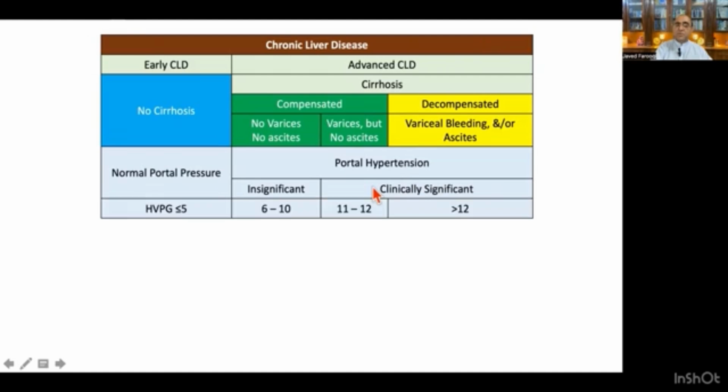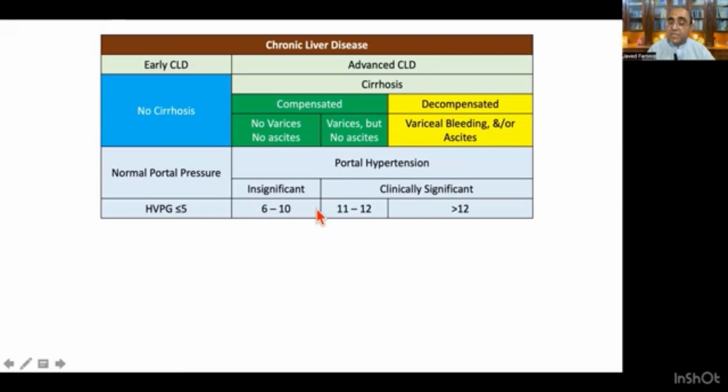And what are these values? If the HVPG is 5 or less, it's a normal pressure, and the patient is non-cirrhotic. But when it is more than 6, it is portal hypertension. From 6 to 10, this is clinically insignificant, and such patients by and large don't have varices or ascites, and this is called stage 1 of compensated cirrhosis.